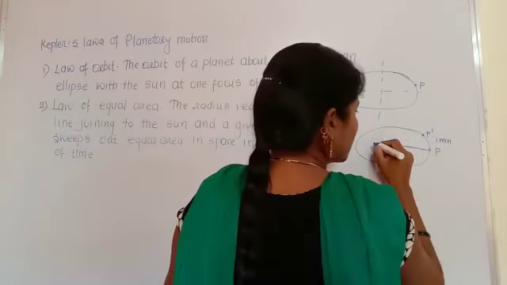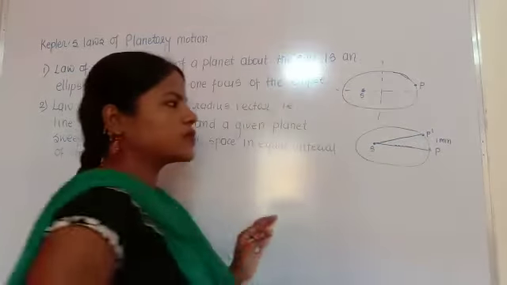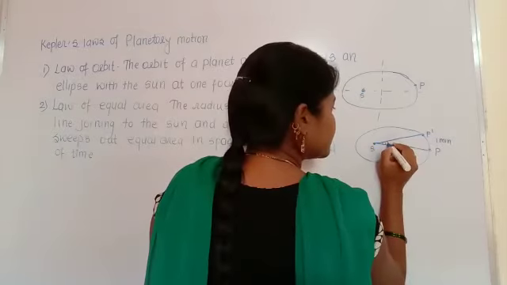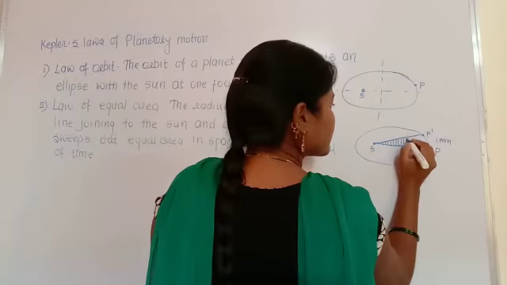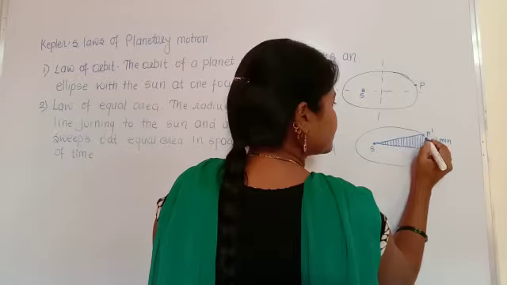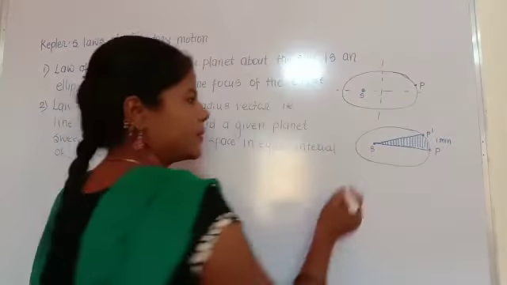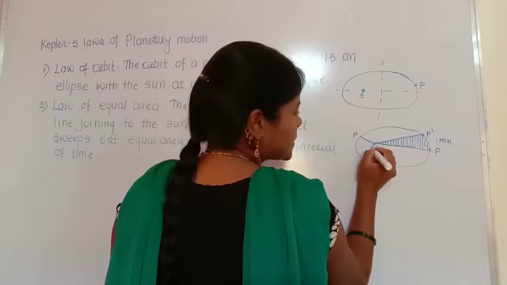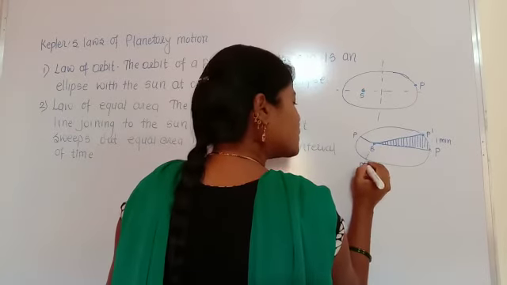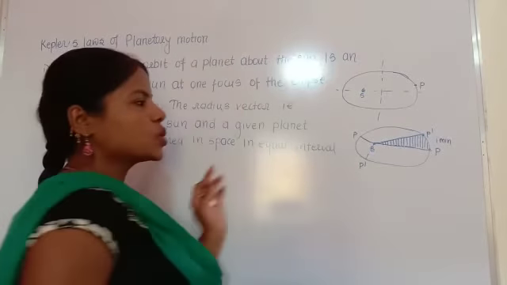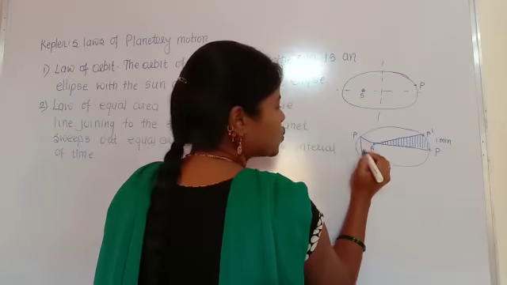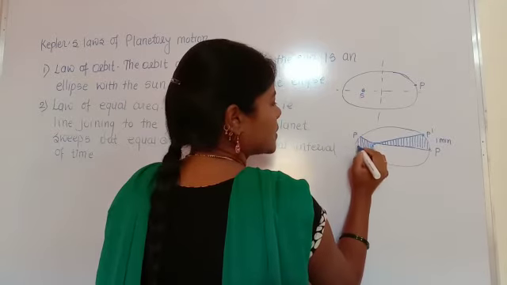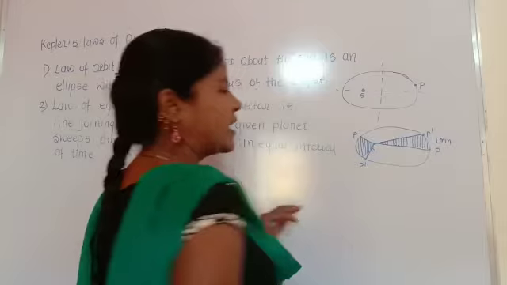So the line joins the initial position of the planet and the position after 1 minute, and this area is made by these two positions of the planet, with the radius vector drawn from the sun to the planet.